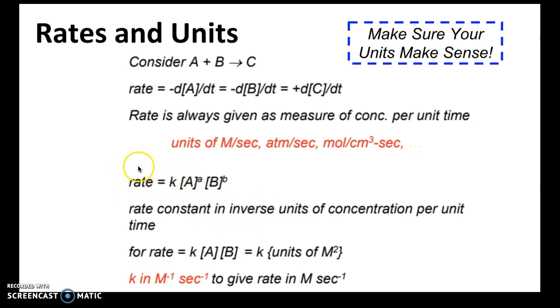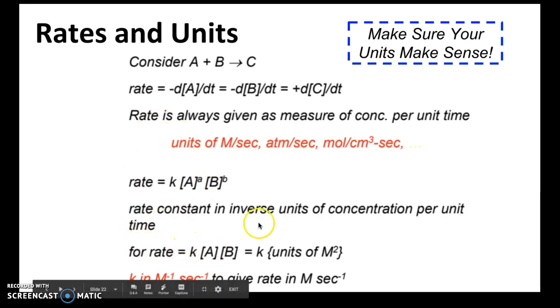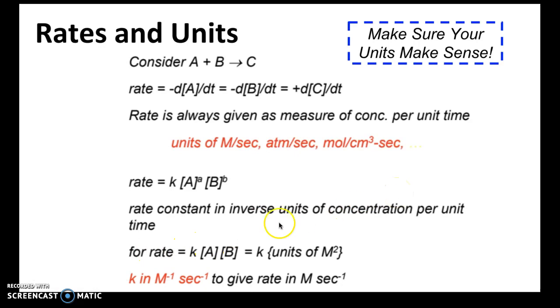If this is molarity per second, and these are both molarities raised to some power, when you plug in your K, that value should make sure that both sides are equal. Once you plug in K and multiply those units out, you should have molar per second here and molar per second there.